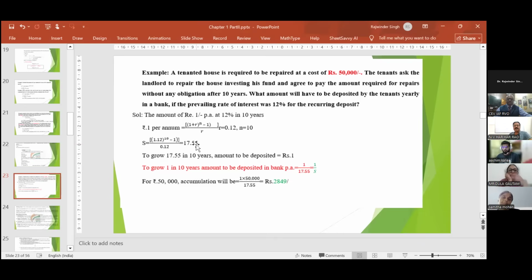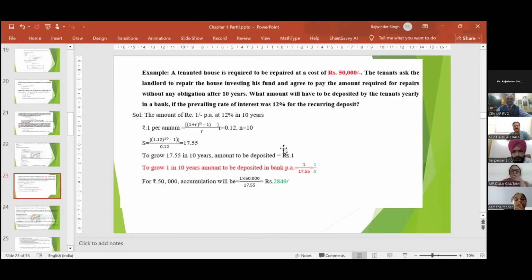Now see, for getting 17.55 rupees in 10 years, how much amount do they have to deposit in the bank? One rupee. And for getting 1 rupee in 10 years, how much amount will they deposit?